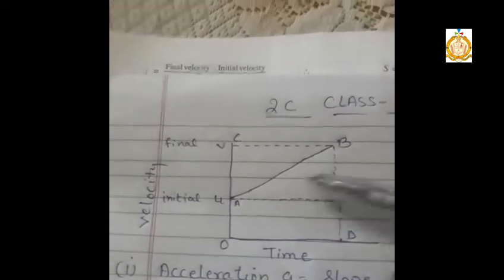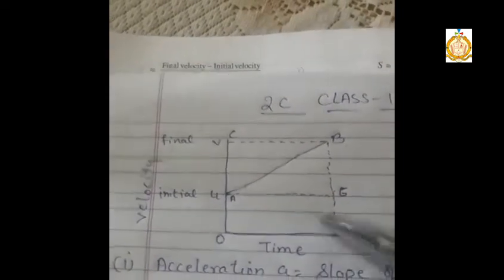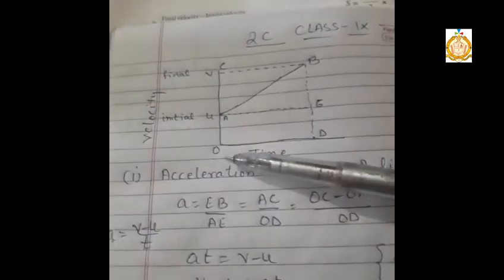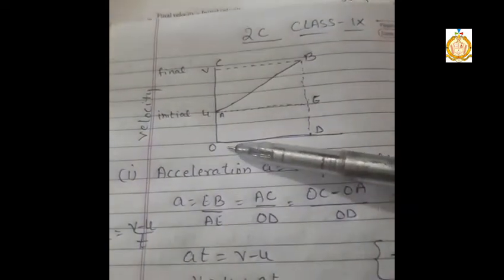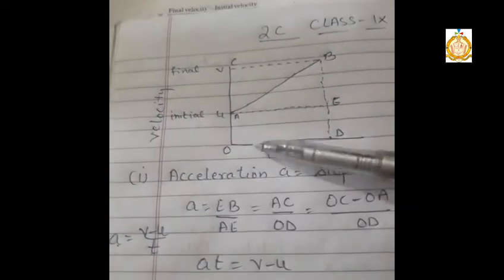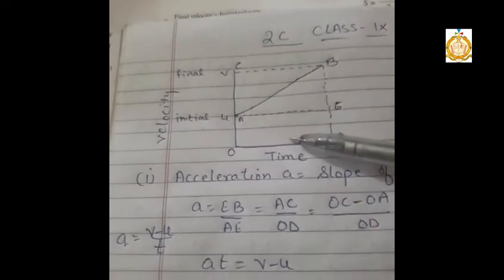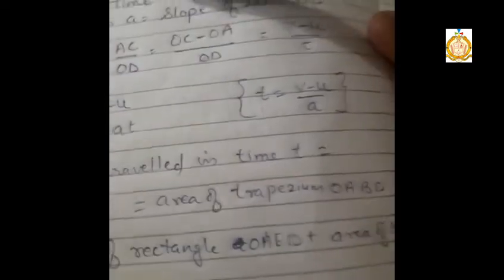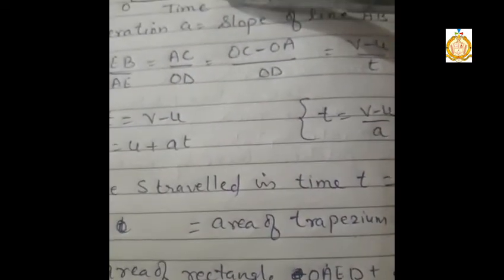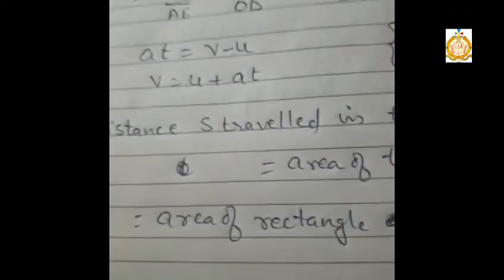Two sides are parallel and this is the altitude. For this second formula we can split the trapezium into two parts. One is a rectangle and the second part is a triangle. So area of rectangle OAED plus area of triangle ABE.